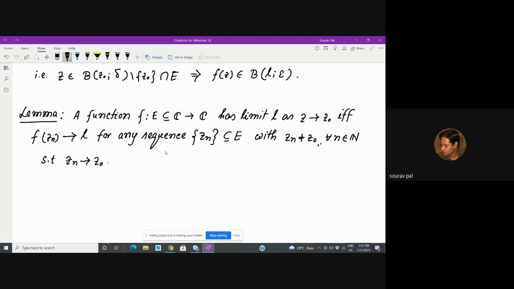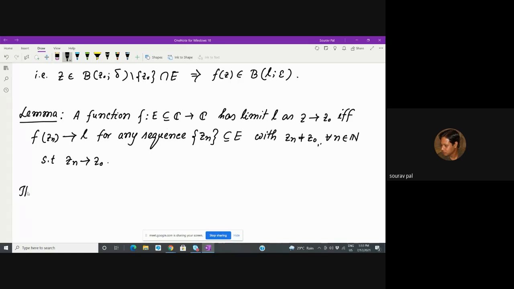So for any sequence that converges to z naught, we are just ignoring the point z naught as per the definition. This is the sequential criteria for a limit. If you want to prove this lemma, you follow the techniques you have learned from real analysis. The same result holds for a real function defined on a subset of the real line. So you follow the same pattern.